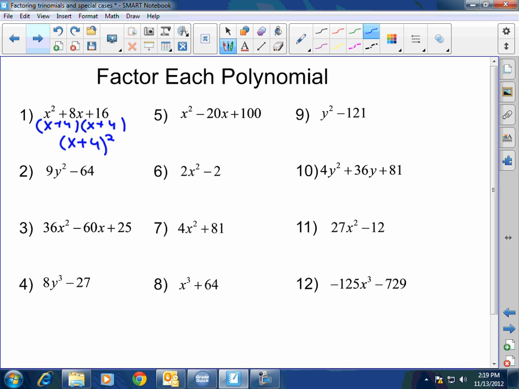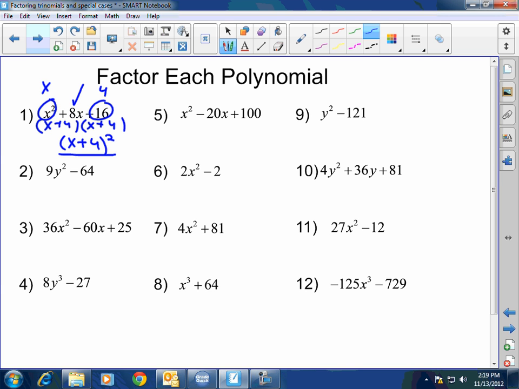I would have known this because that's a perfect square, that's a perfect square. What's the square root of this first term? What's the square root of this second term? What's x times 4 times 2? 8x, so we know it's a perfect square, so I would have just gone x plus 4 squared. Are you guys with me there? Yes. Okay. Well, you could do it the long way, but let me try to show you the short way.